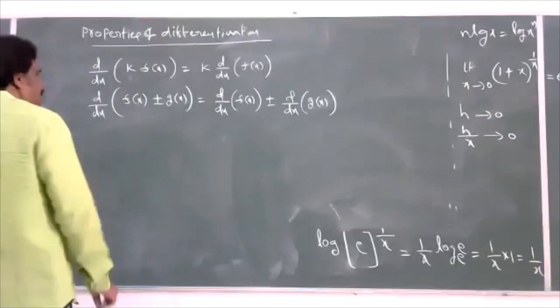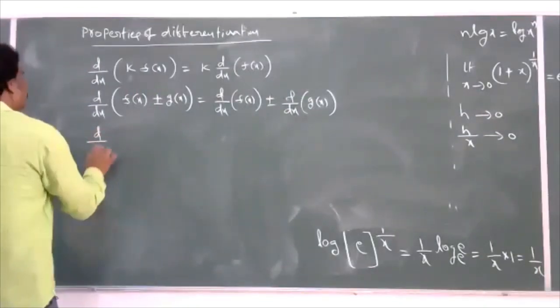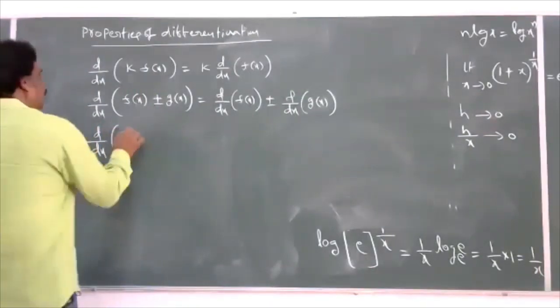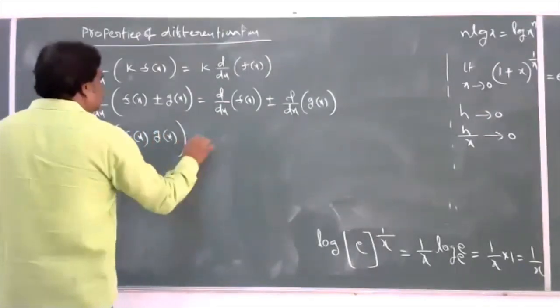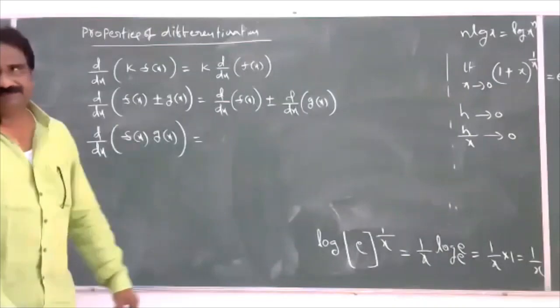I think you remember this formula, d by dx of f of x into g of x. This is called the product rule.